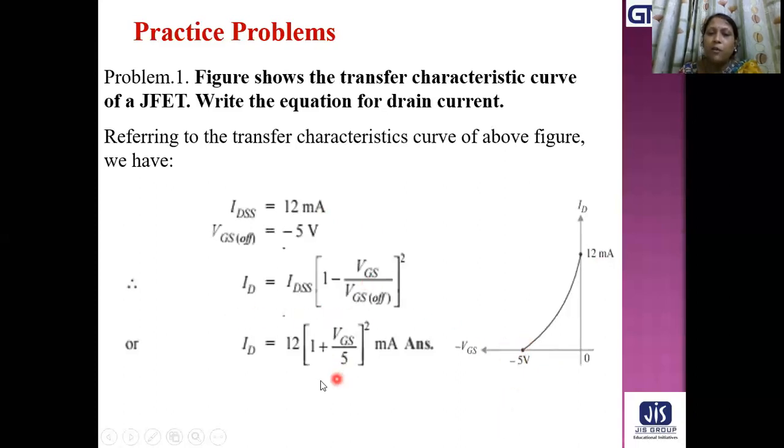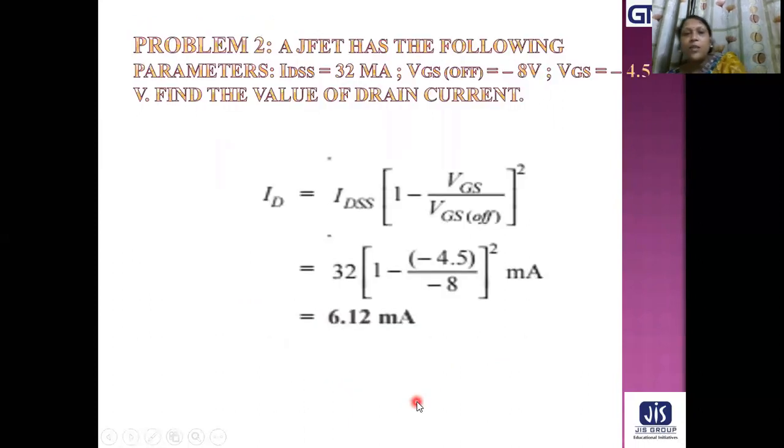So we can write the formula easily, that is ID. This is Shockley's equation. Put the values here. ID equals 12 into (1 plus VGS over 5) whole square. This minus and this minus 5 comes to plus 5. This is the answer.